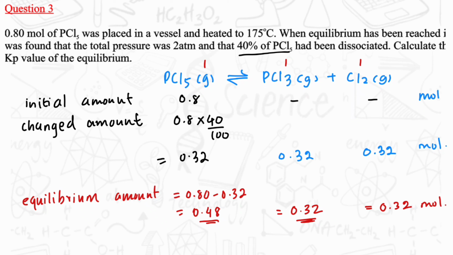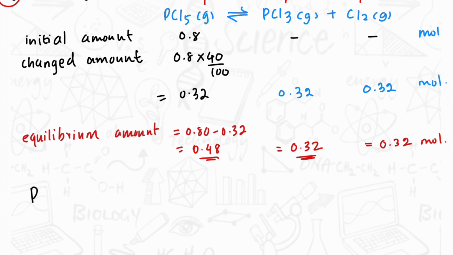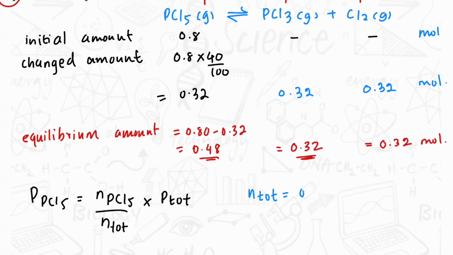And we have to find the Kp value. So for this we have to find the partial pressures. Partial pressure of PCl5 is equal to number of moles of PCl5 divided by the total number of moles times the total pressure. So if you calculate the total number of moles, you should get the addition of 0.48 plus 0.32 plus 0.32, and we get the answer 1.12 moles.